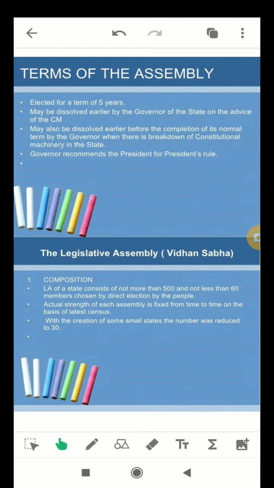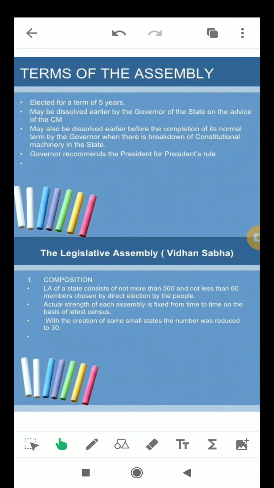That means the term is 5 years, however it may be dissolved before that term expires.